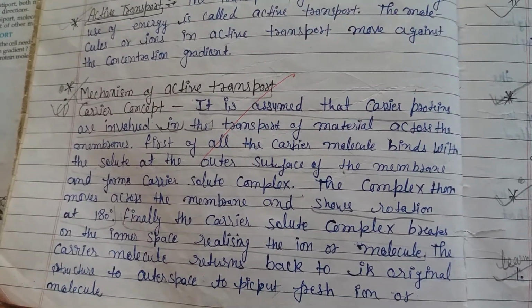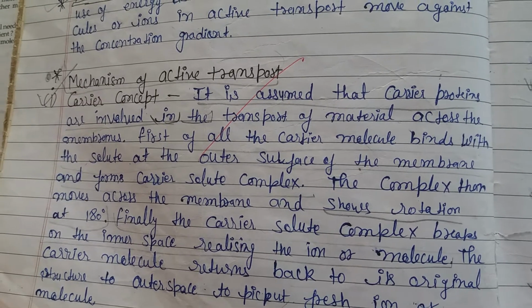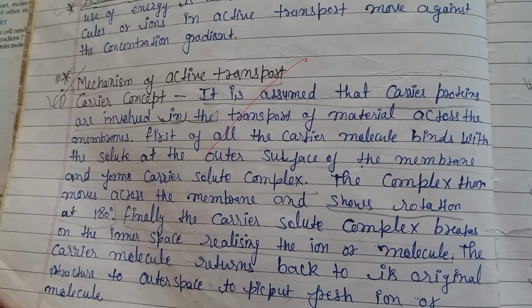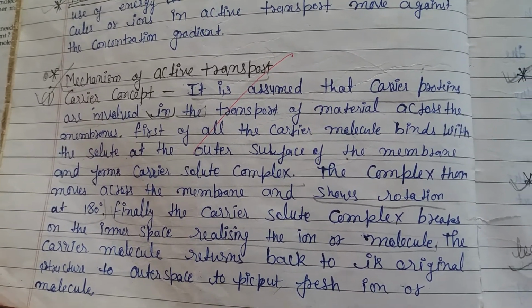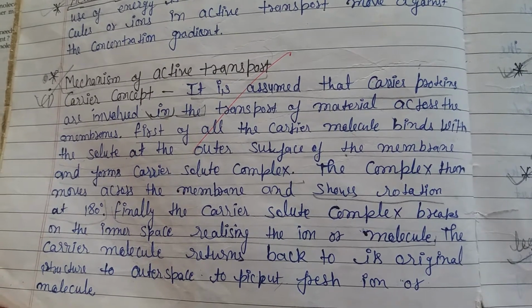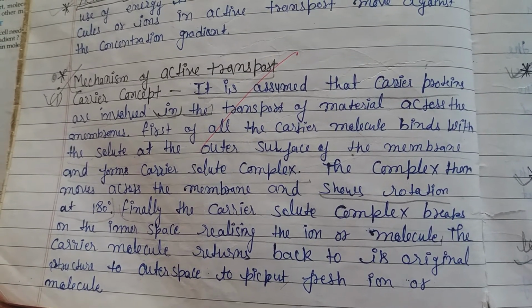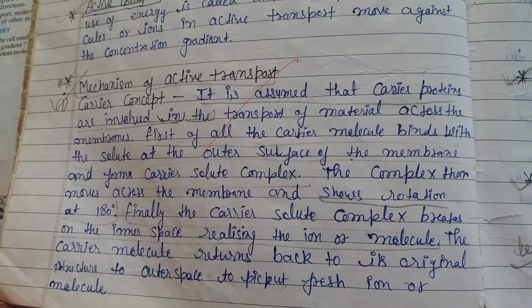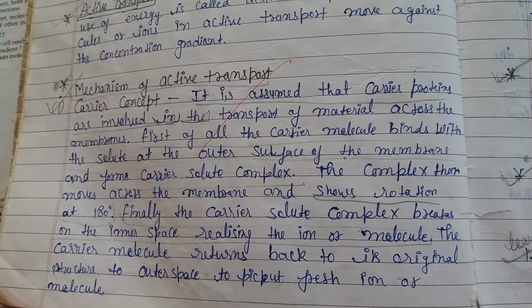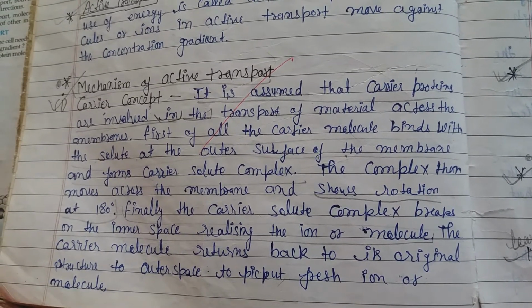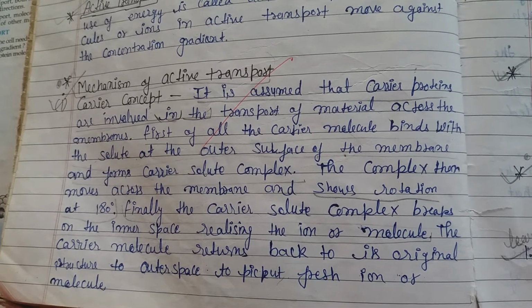Here is the mechanism of active transport. It is assumed that carrier proteins are involved in transport of material across the membrane. First of all, the carrier molecule binds with the solute on the outer surface of the membrane and forms a carrier solute complex.